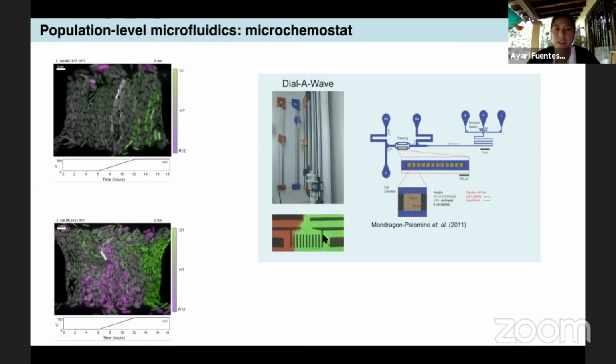So in here we can put some antibiotic and remove the antibiotic, and we can measure that in real time. So we did that with the heterozygous population. Now in the top one, we are going to see one of these chambers, and we are going to put ampicillin in there, and in the bottom one, we are going to put Cas.